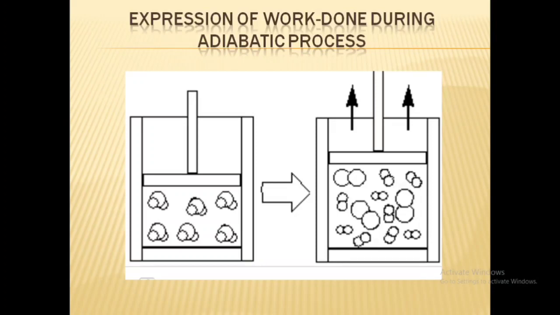In figure 2, the piston is pushed upward by the gas, and hence work is done. But the main difference between the earlier case and the present case is that earlier the work was done during an isothermal process, and here work is done during an adiabatic process.